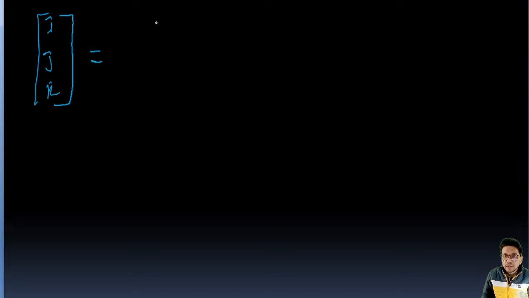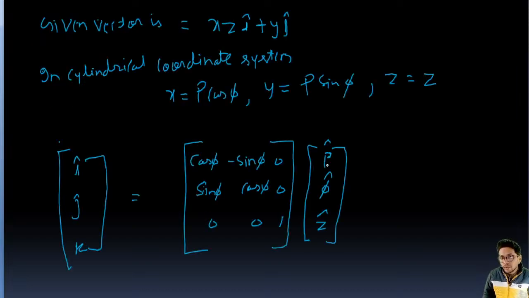So I cap, j cap, k cap will remain as it is. We know matrix multiplication, right?